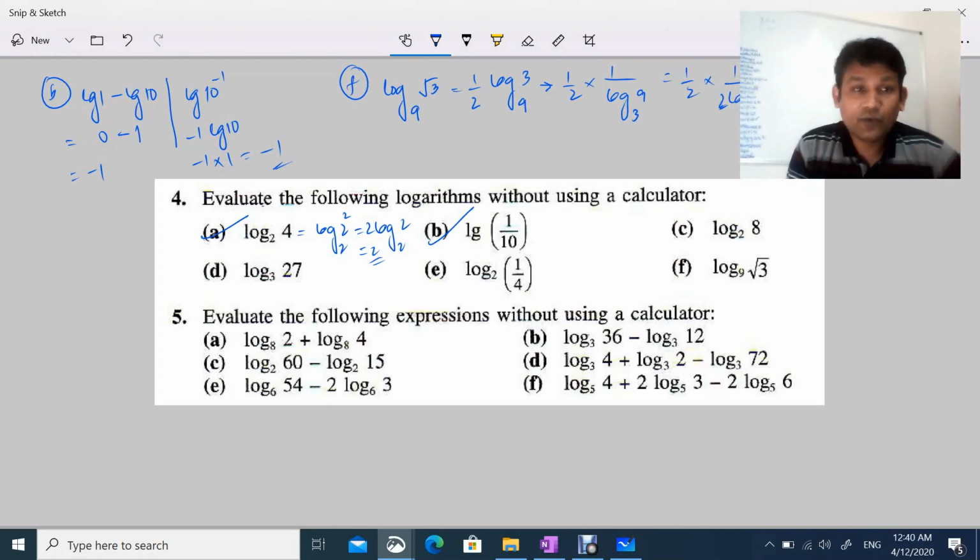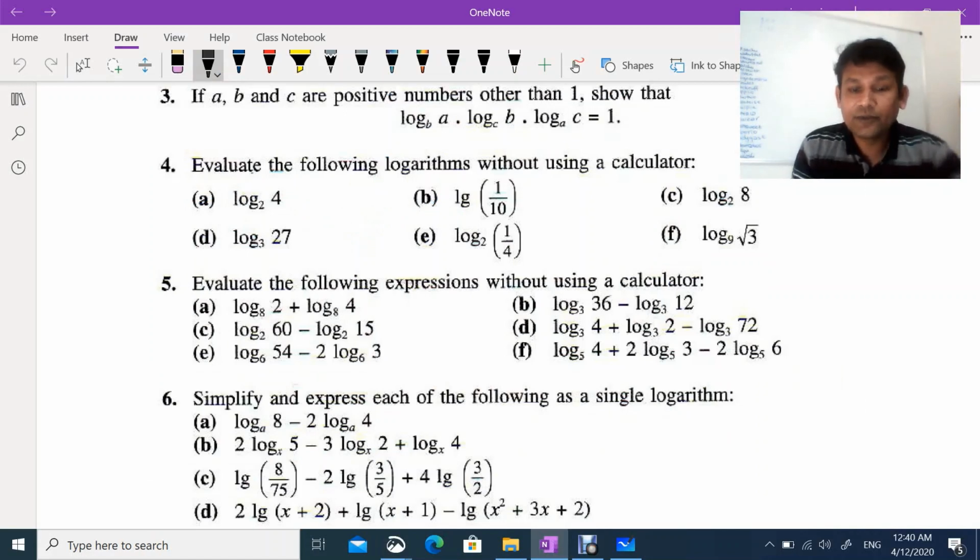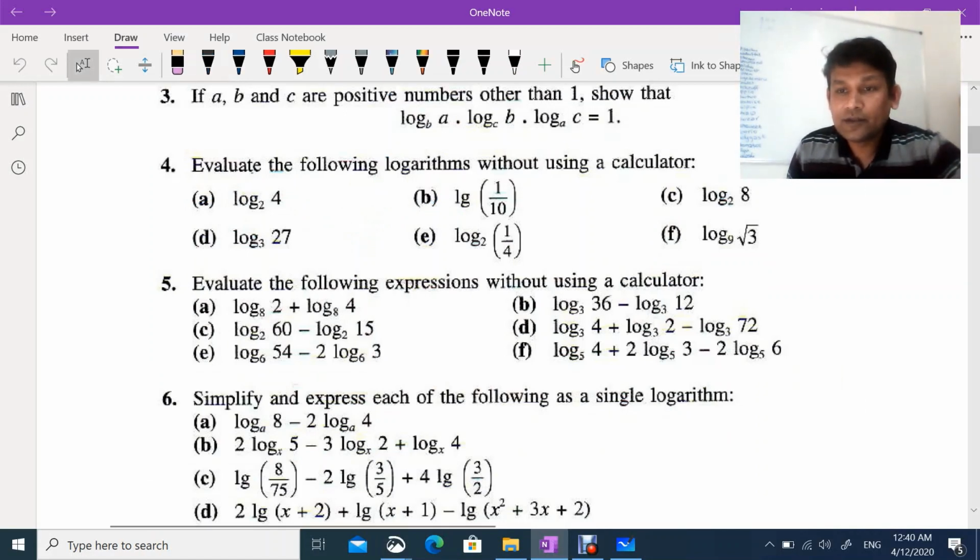If you want to check the answer, question number 2 part F, you can check the answer from here, as I have the answers.